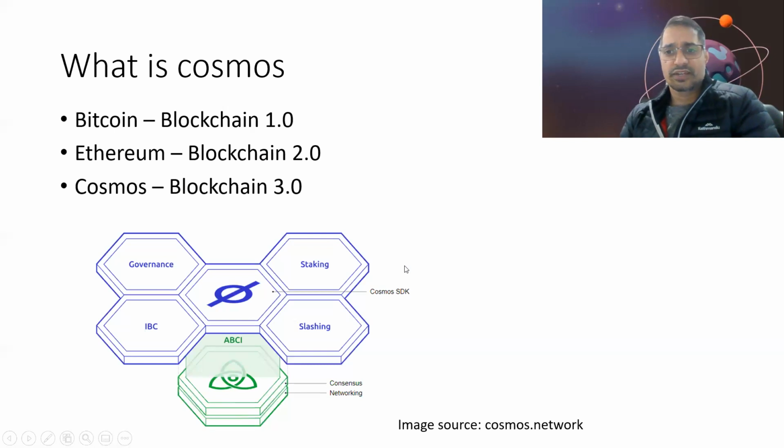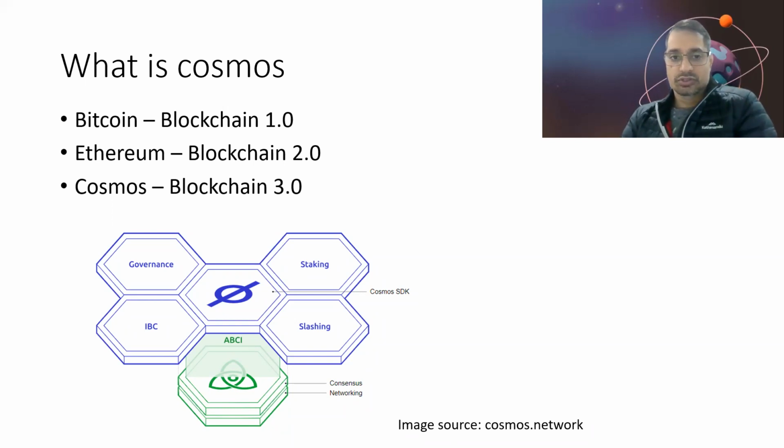Let's first understand what is Cosmos. So you can think of Cosmos as a progression on the earlier blockchain systems like Bitcoin and Ethereum. Bitcoin was very basic, just payments. And then Ethereum came along, which was like blockchain 2.0. It had smart contracts.